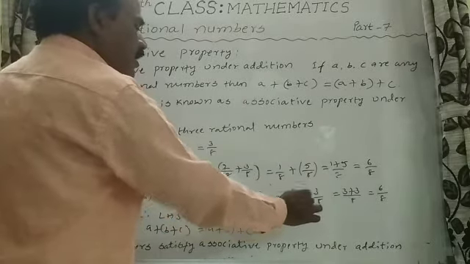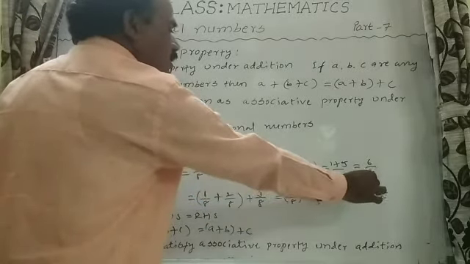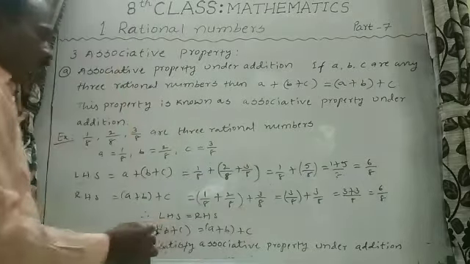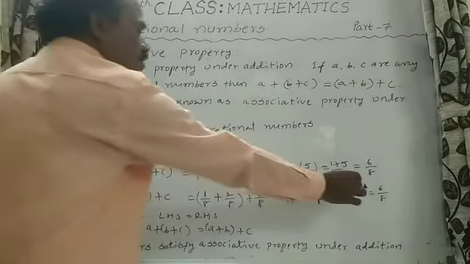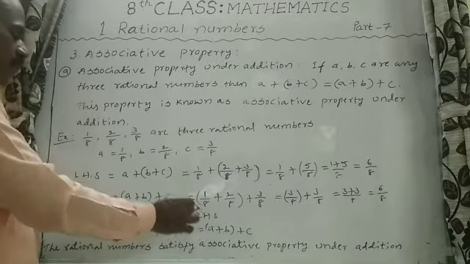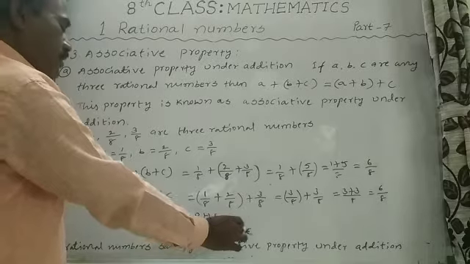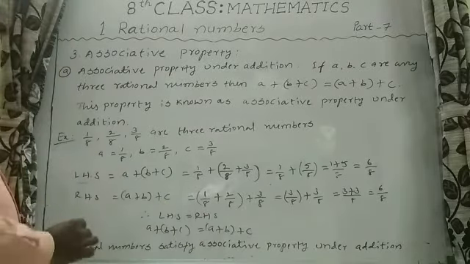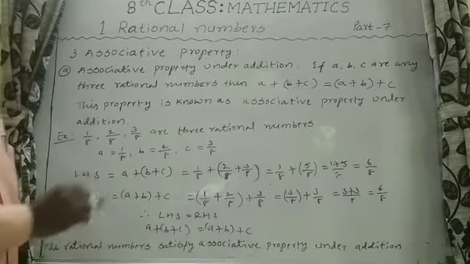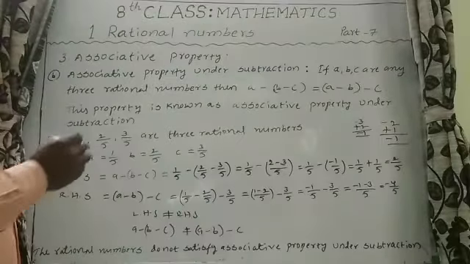Here denominators are the same, add the numerators. 3 plus 3 is equal to 6. 6 by 8. RHS is also 6 by 8. LHS is equal to RHS. That means (a + b) + c is equal to a + (b + c). Therefore, the rational numbers satisfy associative property under addition.